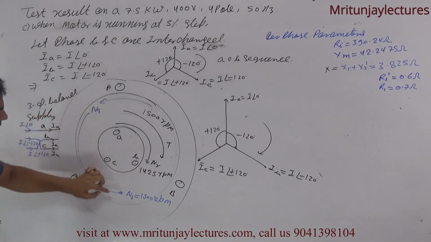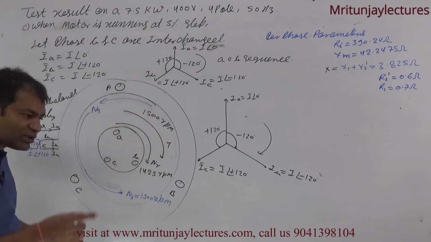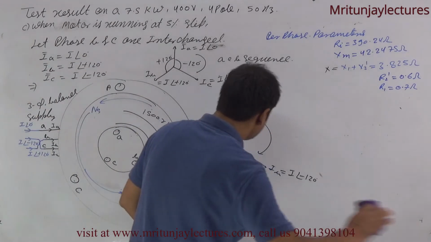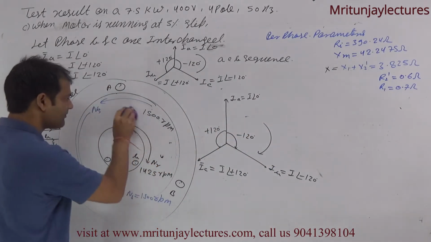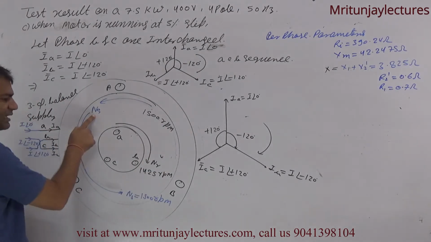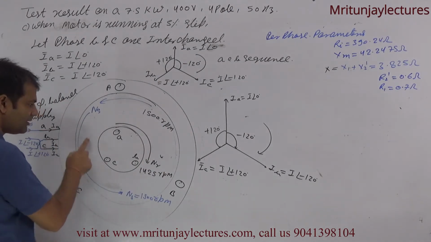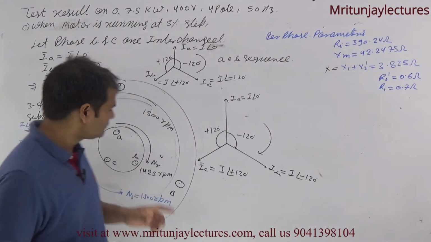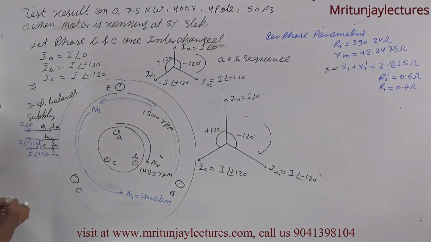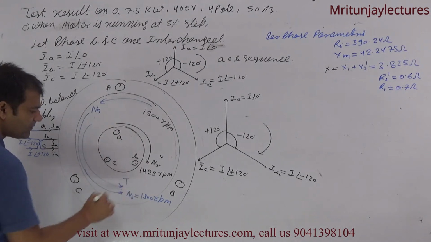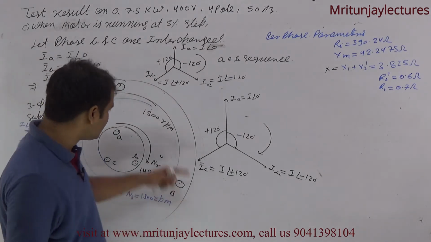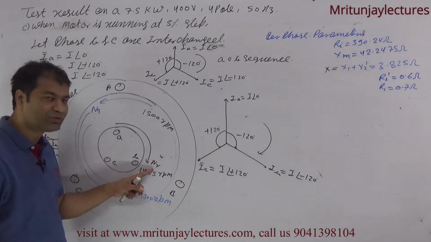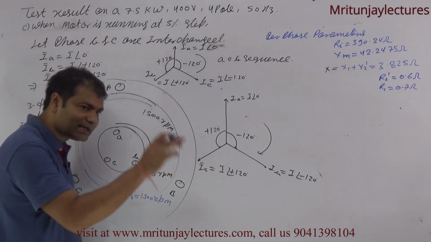That's why NS changes. What about relative speed? The relative speed direction also changes. It is decided by NS minus NR. So the torque developed is opposite to NR. That's why NR decreases.